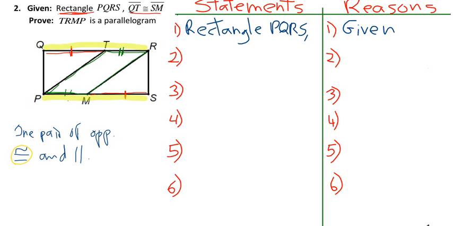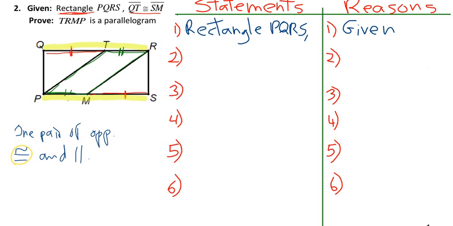So the big figure is a parallelogram, but for the small one, we only have these pieces here. So because TR is part of QR, that would be parallel to PM, which is part of PS. Since QR and PS are parallel to each other, because it is a rectangle and a rectangle is a parallelogram.